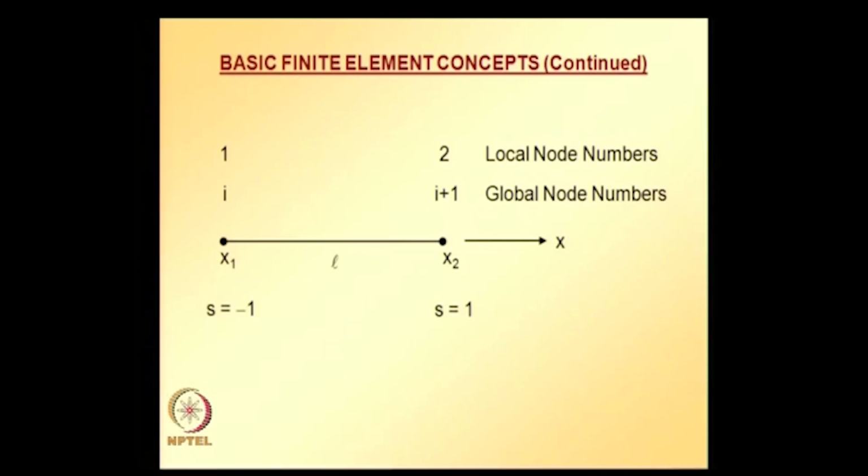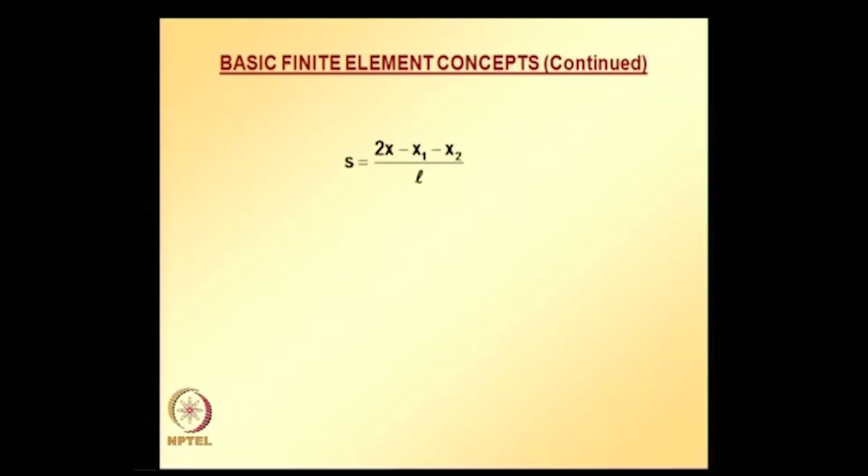Okay. And what is the relation between this s coordinate system and x coordinate system, that you can easily find using the formula for linear interpolation, which is nothing but equation of a straight line, which you must have already studied at your high school level. So, the relation looks like this. This is simple linear interpolation between x coordinate and s coordinate.